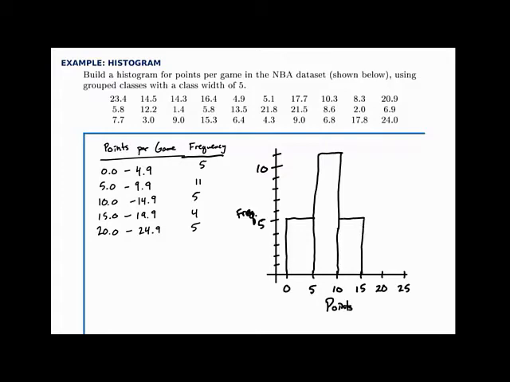From 15 to 20, it goes down to 4, so we'll draw it a little shorter, down at the tick mark for 4. And the last one goes back up to 5. So each class, each category, gets a bar with the height representing the frequency. It's relatively simple once you've drawn the frequency table, which just consists of counting the ones that fit into each class.